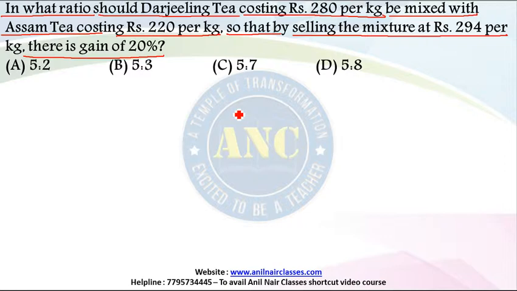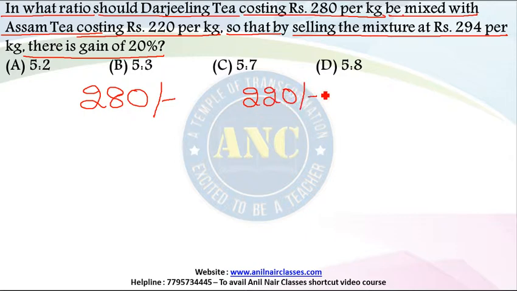Now, in this question they are saying, in what ratio should Darjeeling tea costing 280 rupees per kg, cost price is 280, be mixed with Assam tea costing 220 rupees per kg, cost price is 220 rupees, so that by selling the mixture at 294 rupees per kg, selling price is given as 294 rupees, there is a gain of 20%.